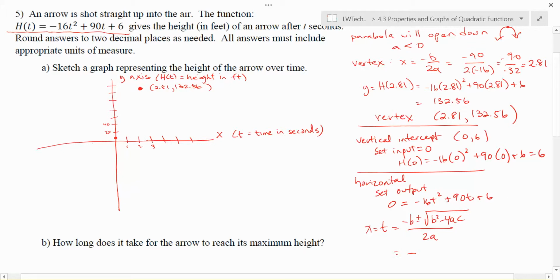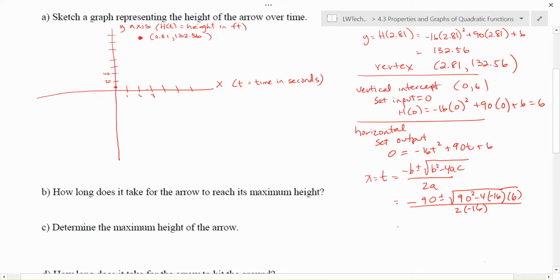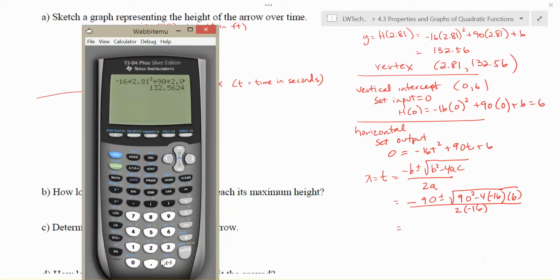Remember, our b was 90, so we're going to have negative 90 plus or minus the square root of 90 squared minus 4 times our a, which was negative 16, times our c, which was 6, and we're going to divide the whole thing by 2 times negative 16. Let's simplify that down just a smidge and see if we can get something that is a little bit easier to work with. We'll pull up our calculator. Inside the square root, we're going to have 90 squared minus 4 times negative 16 times 6.